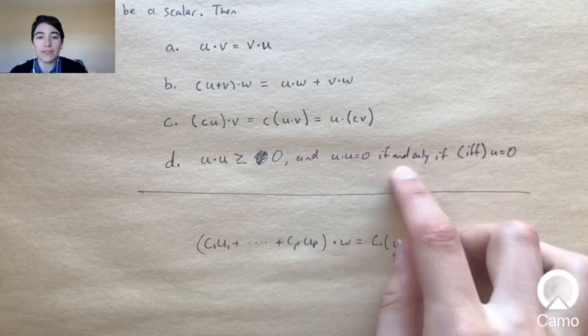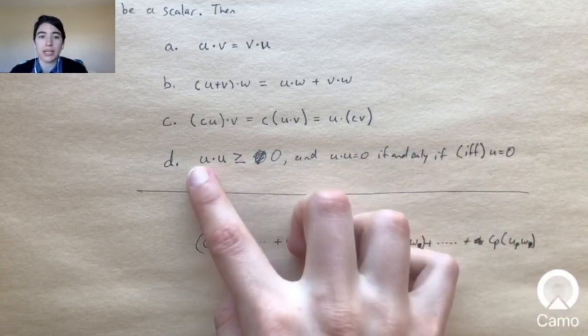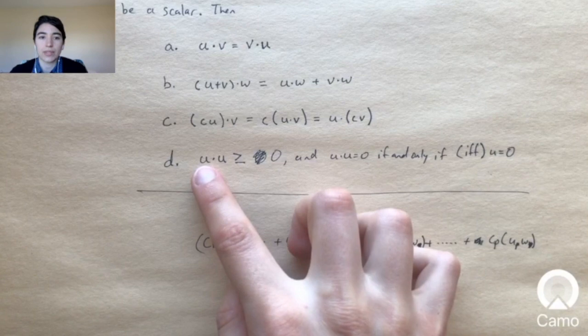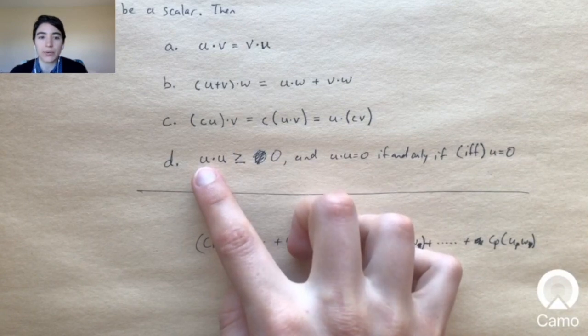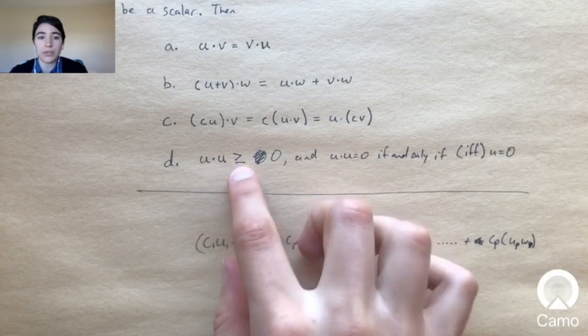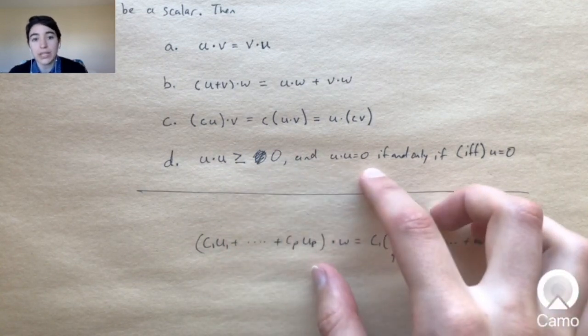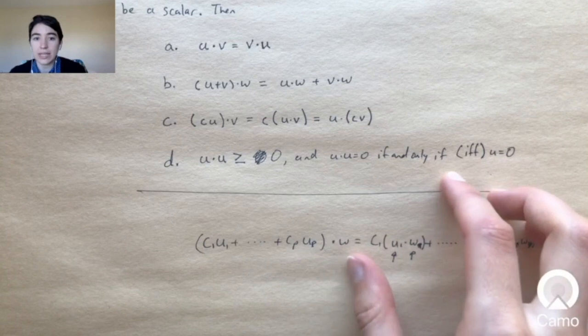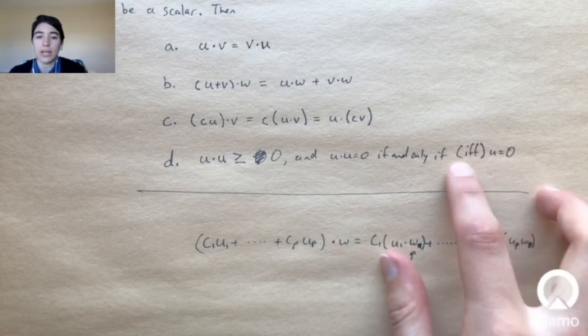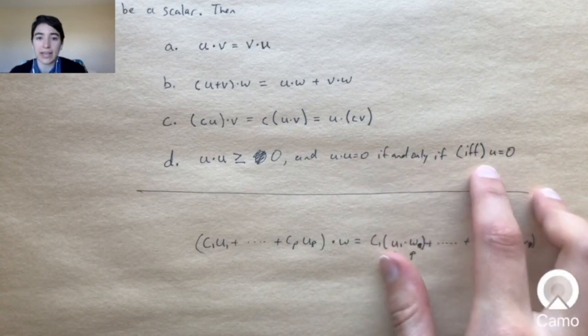Again, here we have the if and only if notation. So let me read this out completely. u dot product u is greater than or equal to 0, and u dot product u is equal to 0 if and only if u is equal to 0. And we can write this if and only if as IFF.